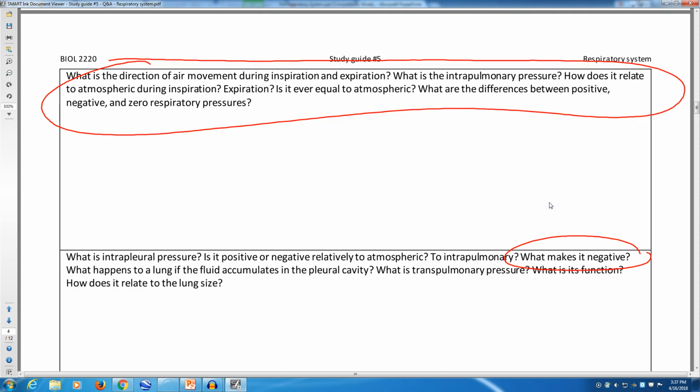And then when we expire, transpulmonary pressure becomes small. So essentially, if you think about it, it's the change in transpulmonary pressure that allows the lungs to expand and recoil.